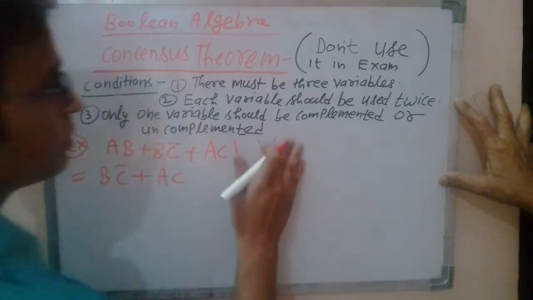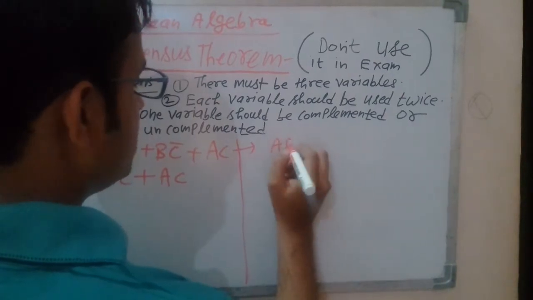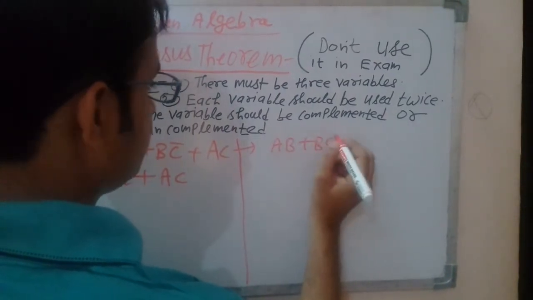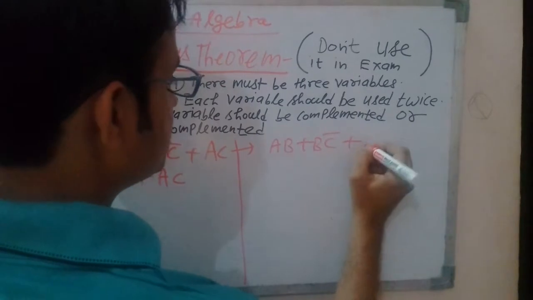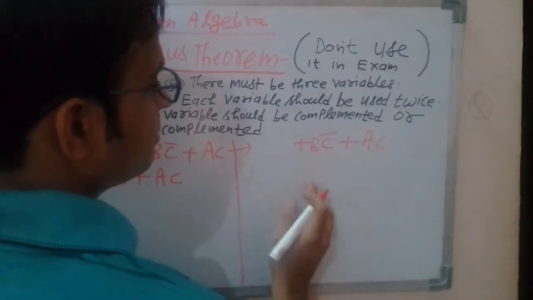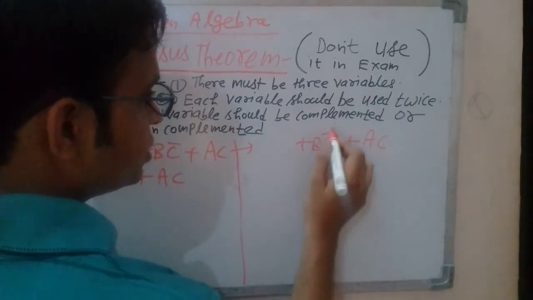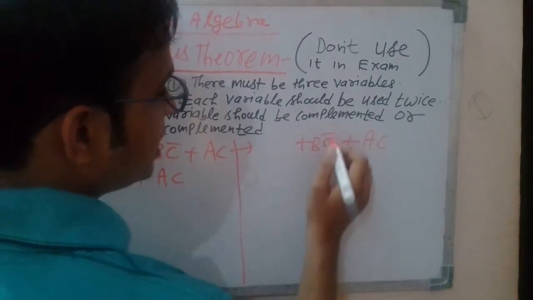Now let me solve this by the conventional method. AB plus BC bar plus AC, right? Now tell me in which term you will use that. See, variable C is the unique variable which is available in complemented form.